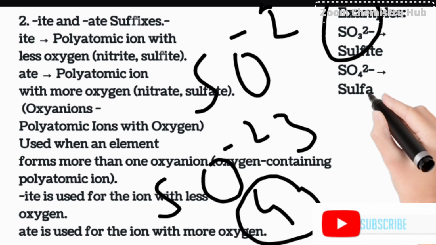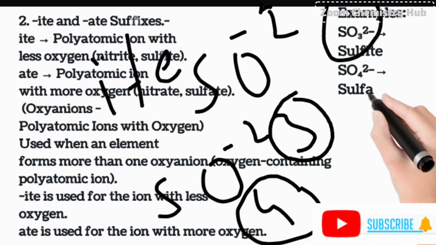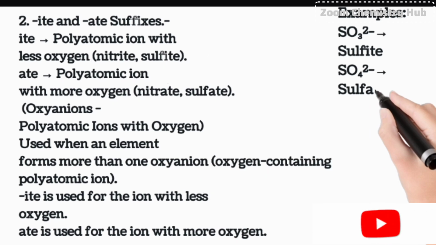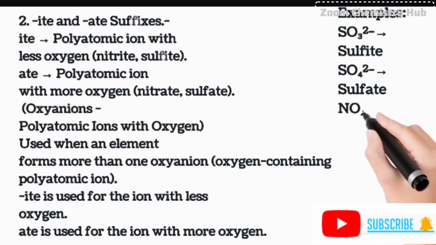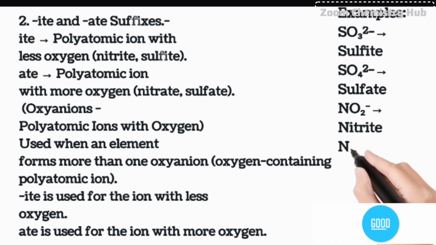Here you can see one oxygen less in the sulphite, ITE, and sulphate contains one more oxygen than the sulphite. So sulphite is SO3 and sulphate is SO4.